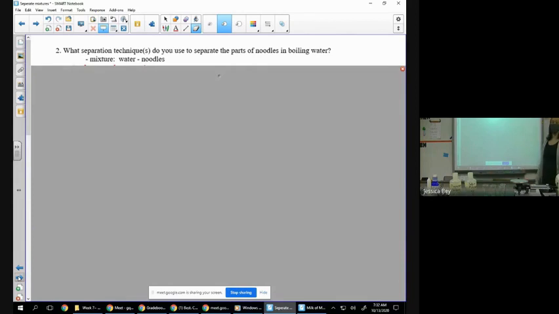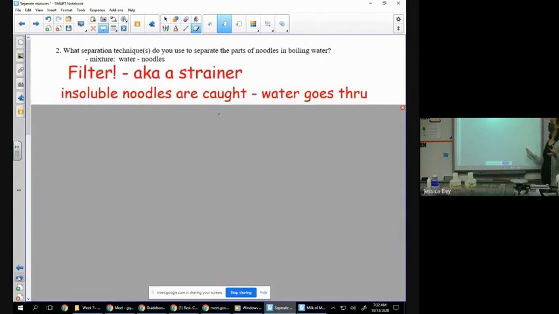What do you do when you're trying to get your mac and cheese noodles out of the water? Yes, very good. Thank you. You use a strainer, which is very simply a filter. You pour, and the water goes through and you retain your solid noodles.